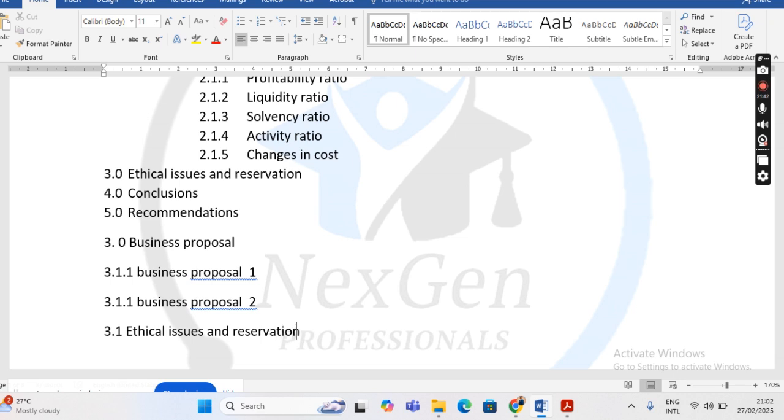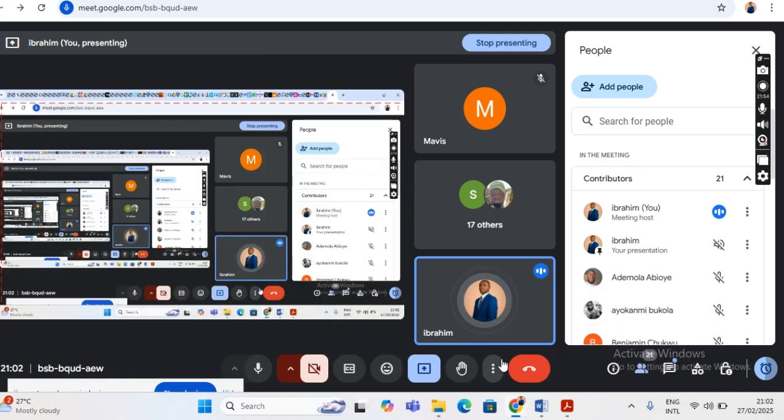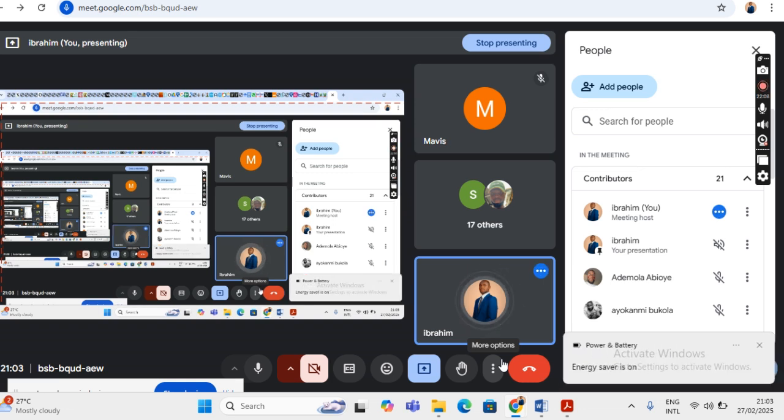right? Then you may be wondering, what are the ethical issues under business proposal? What are the ethical issues, class? What are the ethical issues under business proposal? You will look at it in the question. In the question, for those who will continue with us, we may identify ethical issues for unseen.